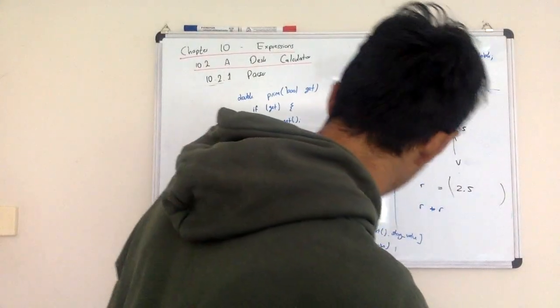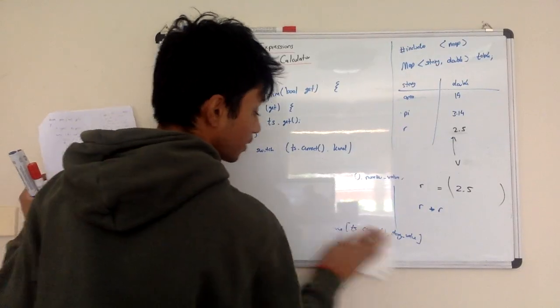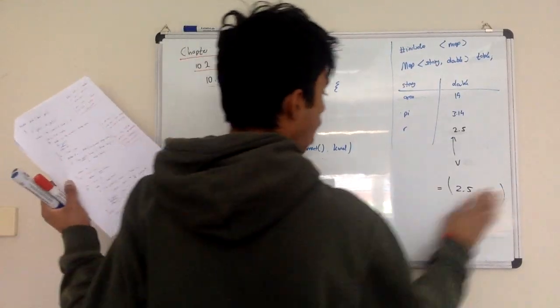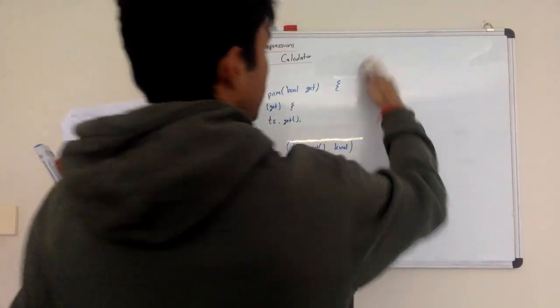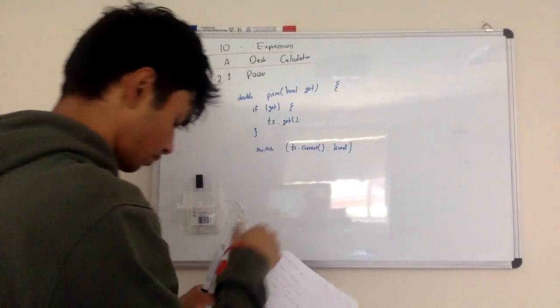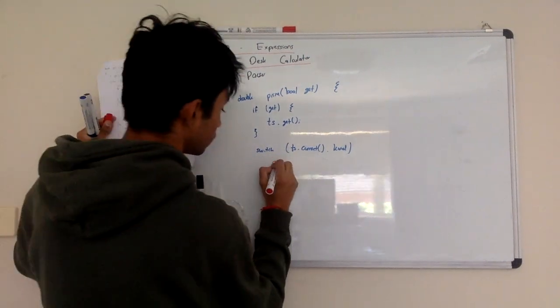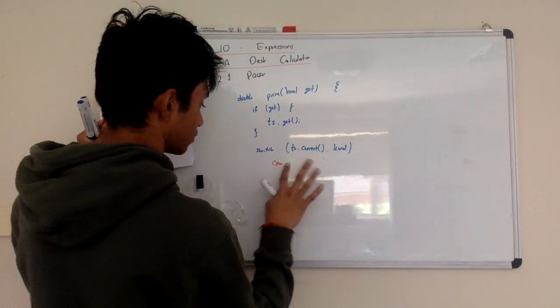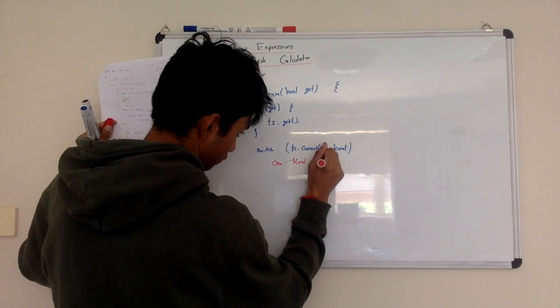Next is the minus case. Right? Get rid of this. What does the minus case mean? The minus case is for when kind is minus.